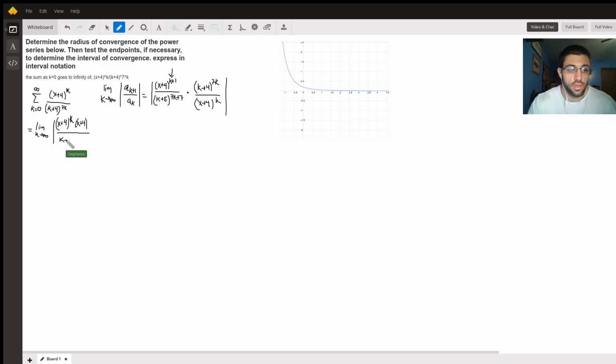We'll leave the bottom as k plus 5 to the 7k plus 7. And then we'll multiply that by what we had before. So that's x plus 4 to the k in the bottom, and then k plus 4 to the 7k in the top. Now, we know this and this cancel.